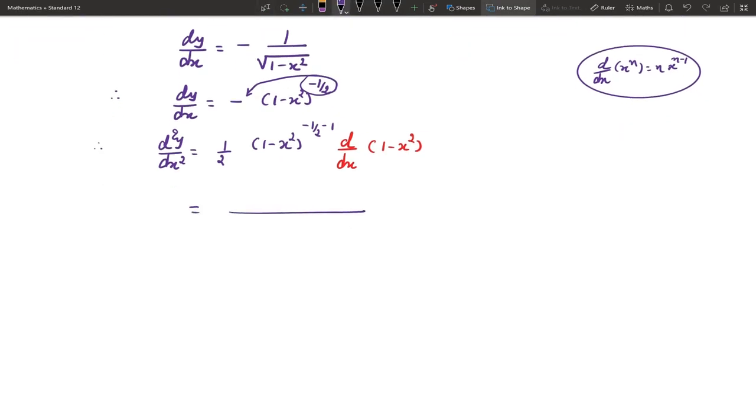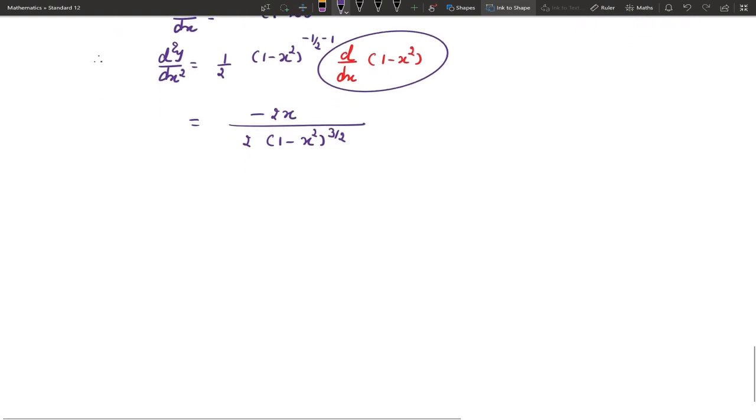So this is 2 (1 minus x square) raised to minus 1 half minus 1, minus 3 by 2, so it is 1 upon (1 minus x square) raised to 3 by 2. Now the derivative of this thing is minus 2x. So this is minus x upon (1 minus x square) raised to 3 by 2.